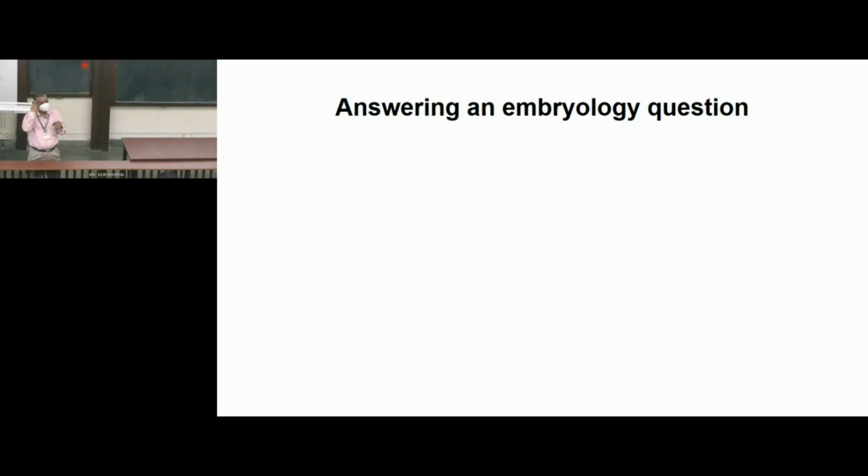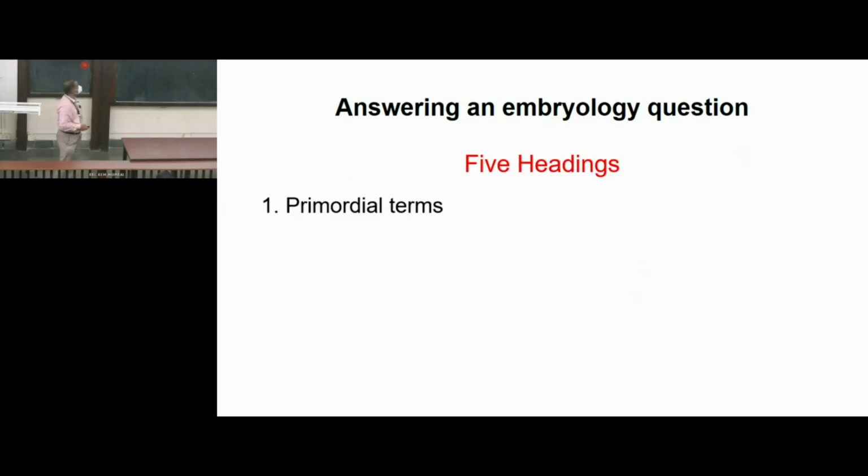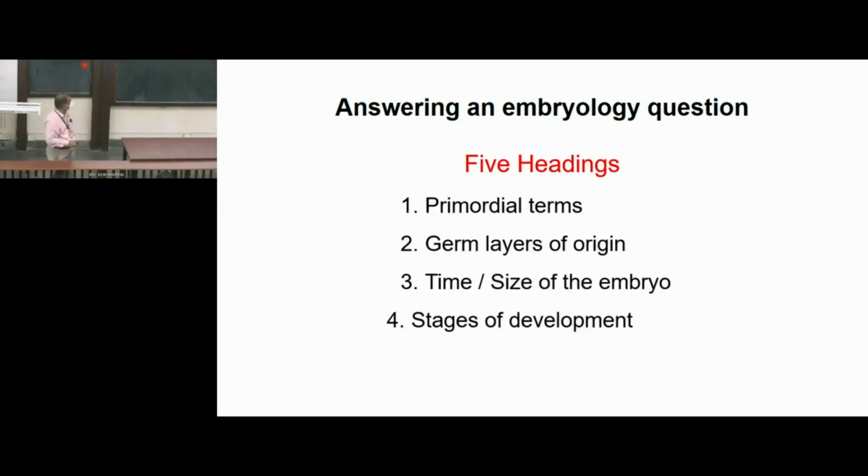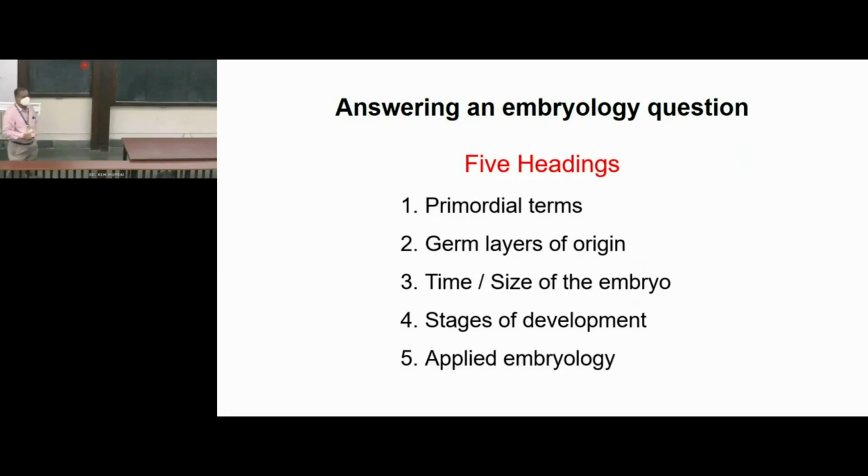Have you fit that into your mind? Okay, and then you come to us, hurry, I have got only 1 mark. Teacher has given only 1 mark. This is the reason. Okay, so as you rightly said, 5 points: primordial terms, germ layer of origin, time, size of the embryo when it starts developing, stages of development, and applied embryology.